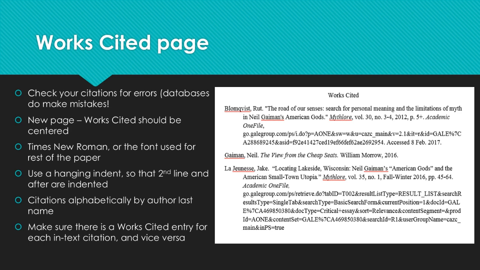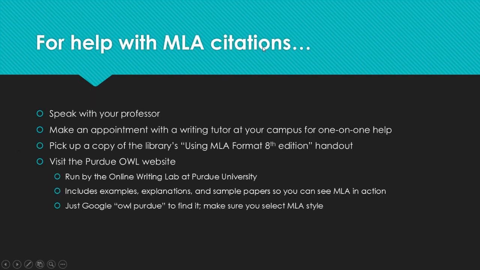So do a double check before you submit your paper. Make sure for each in-text citation that you use that you have a works cited entry at the end of the paper. And also make sure for each works cited entry you have at the end of the paper, it matches up with at least one quote or paraphrase that you actually have in the text of your paper. So just do a double check to make sure that everything matches the way that it should.